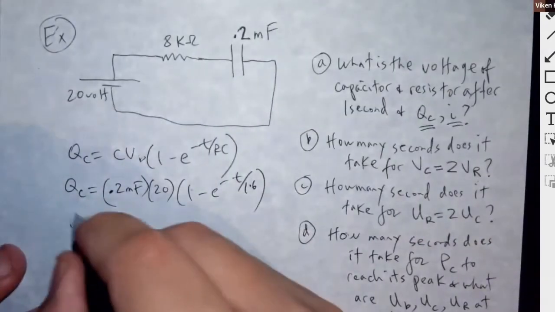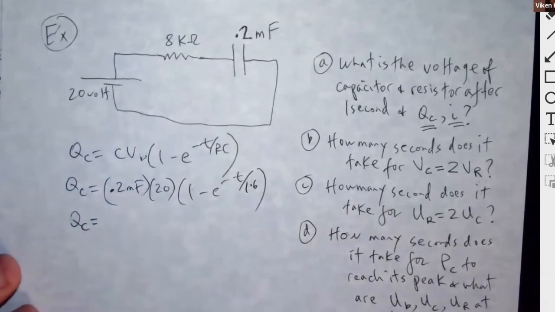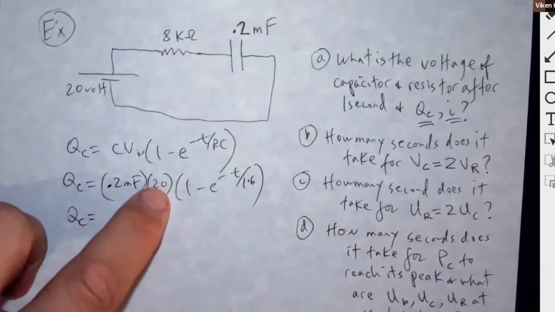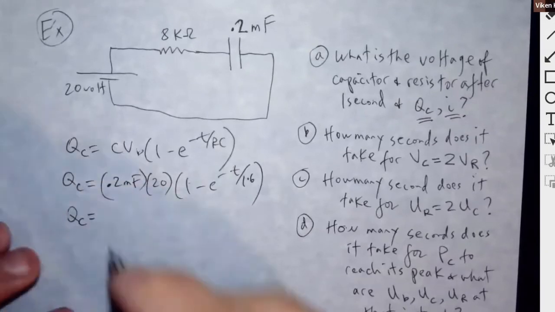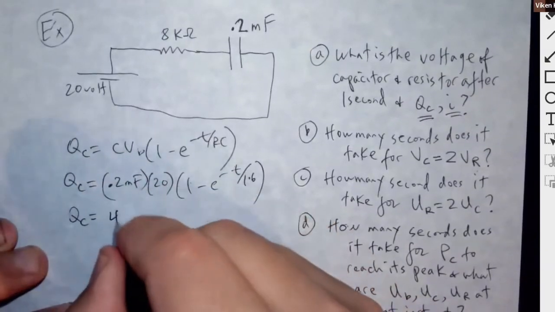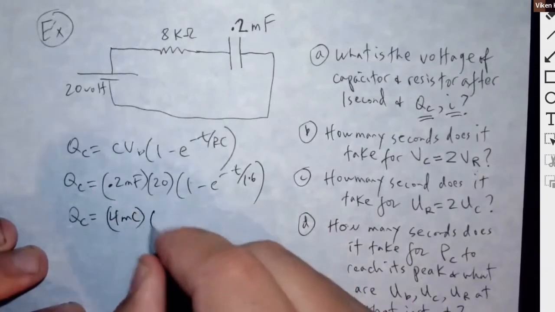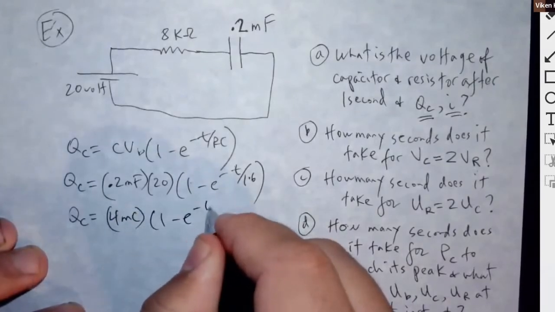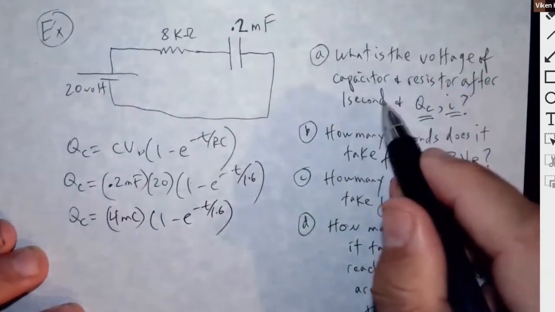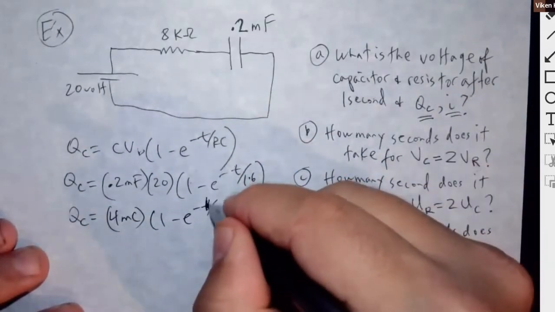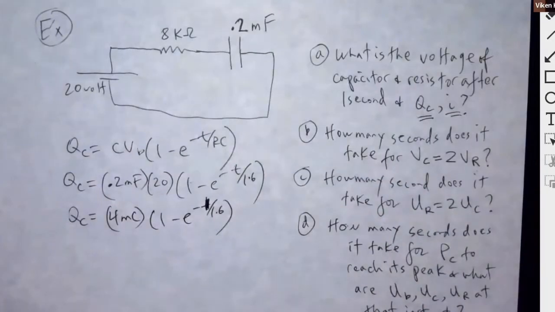So then that's going to equal 4, right? 4 millicoulombs. Okay, so then we can just put here 1 second into here and then solve for the QC.